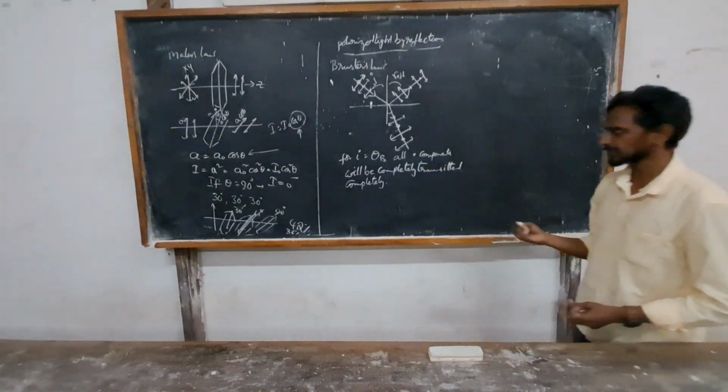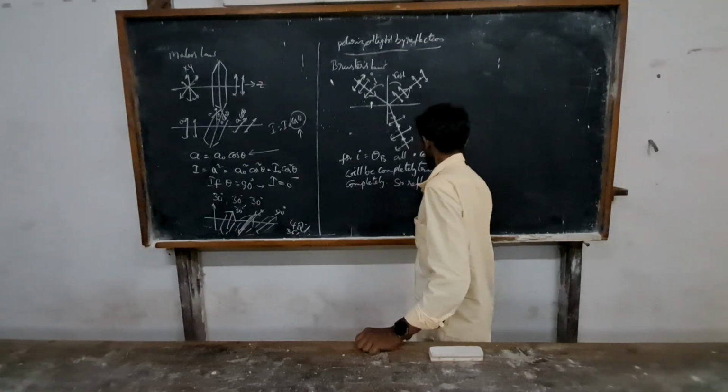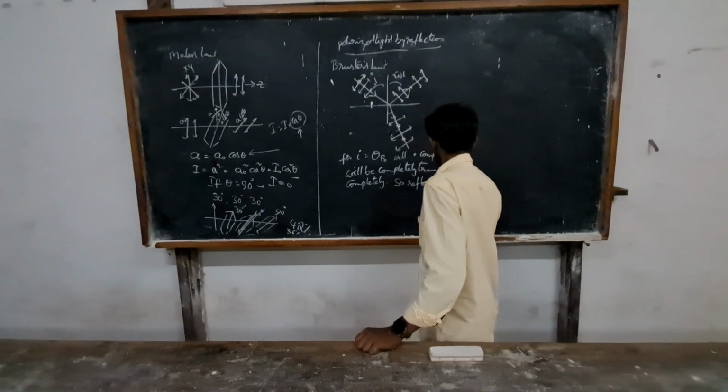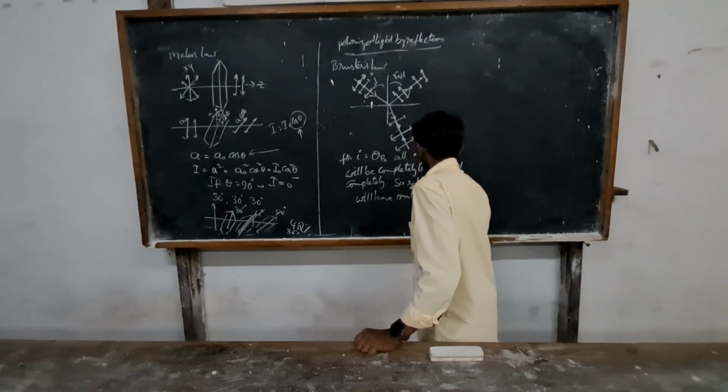So the reflected light will have only line components.